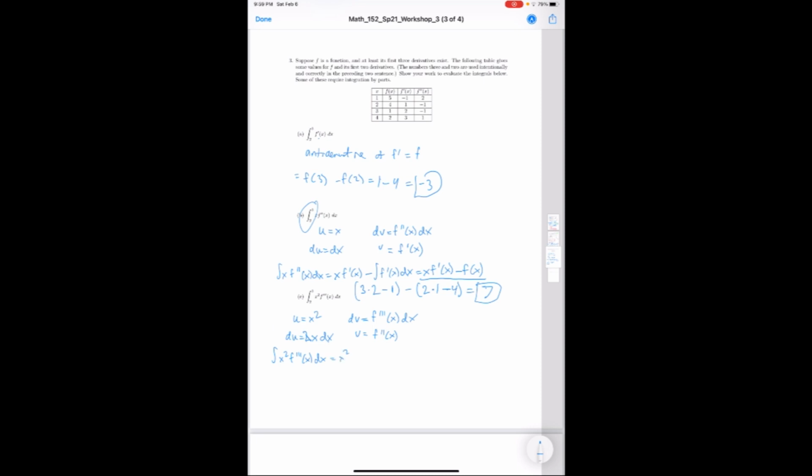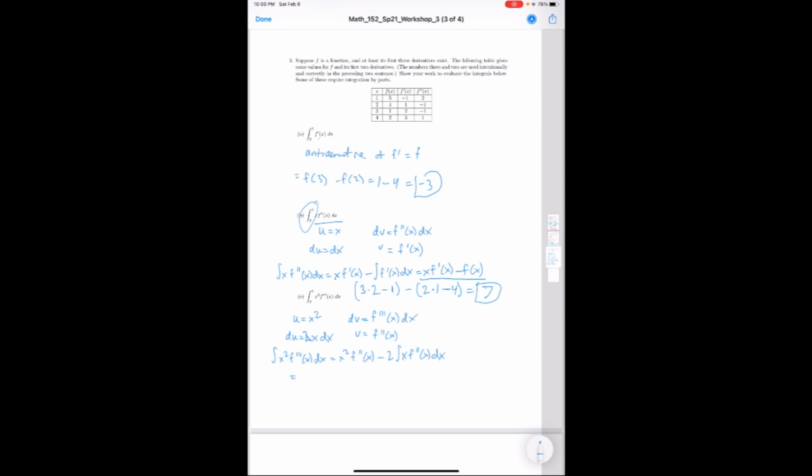x squared f double prime of x minus, rather, 2 times the integral of x f double prime of x dx. Now, fortunately, we know from the previous problem what the integral of that expression is.